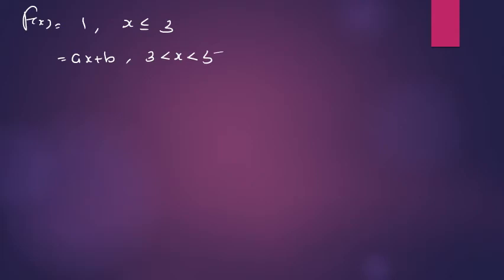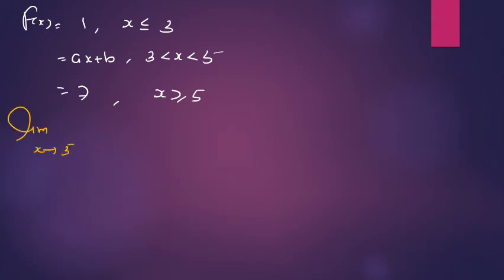Next, find the value of a and b if the function is continuous at x is equal to 3 and x is equal to 5. So we have to find out the left hand limit and right hand limit.